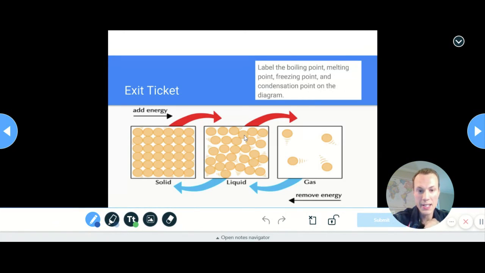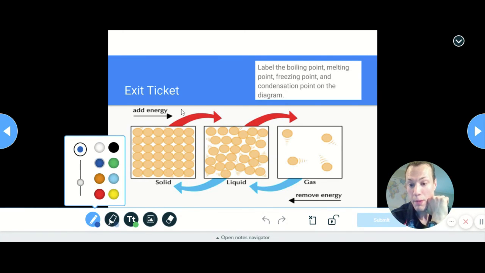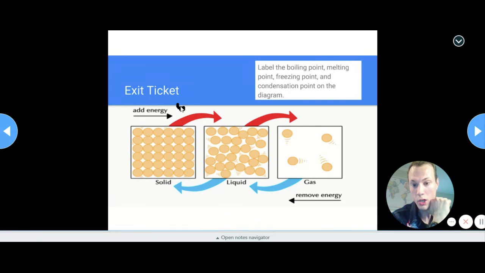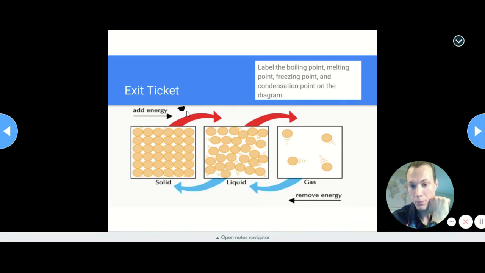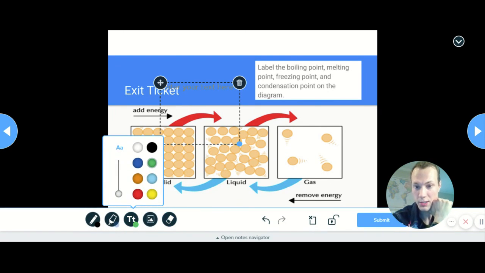After that, for your exit ticket, it says label the boiling point, melting point, freezing point, and condensation point on the diagram. So you can either use the pencil, write it down, or erase it. You can use the text, which is what I might do.